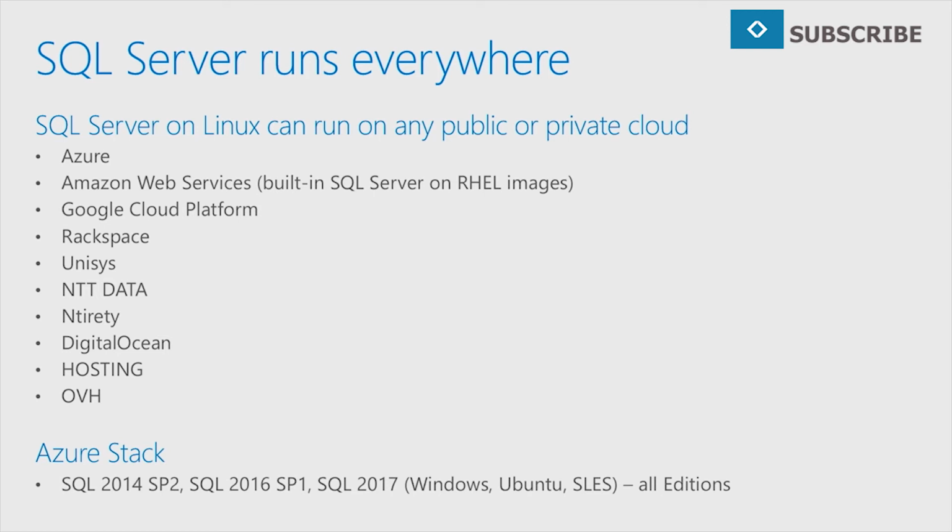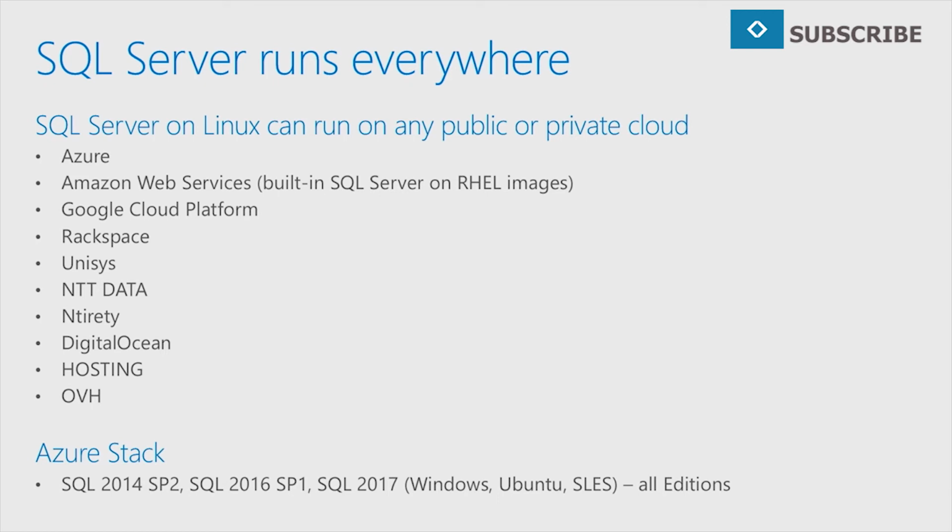On top of a comprehensive set of features and flexibility of programming languages, customers need flexibility when it comes to the choice of underlying infrastructure as well. This includes both the underlying operating system as well as the platform. In addition to Azure, you can run SQL Server on pretty much any public or private cloud hoster that has Linux offerings. Some of them, like AWS, started to offer built-in images with SQL Server on Linux.